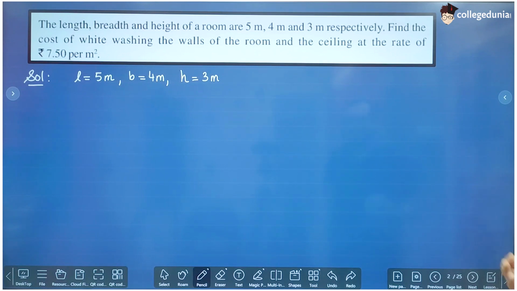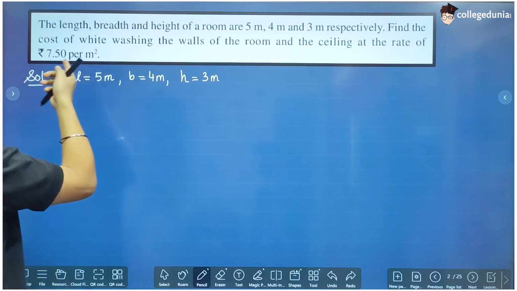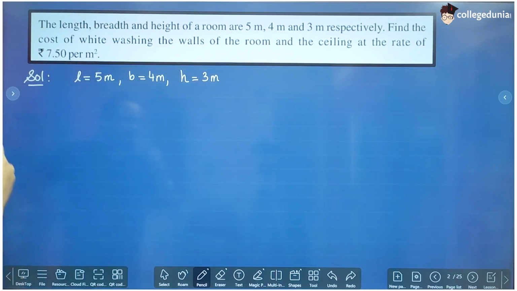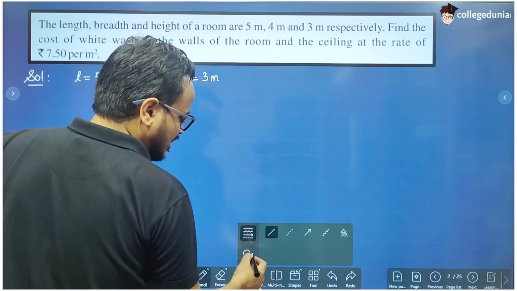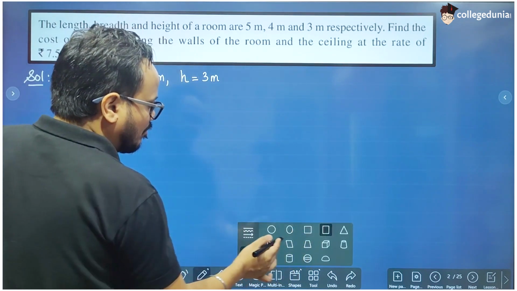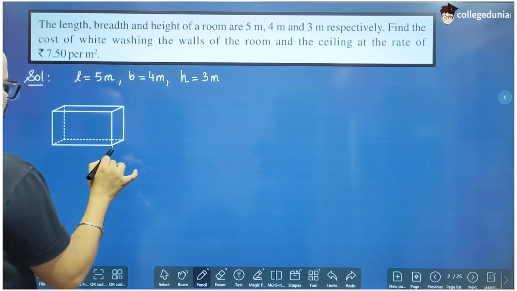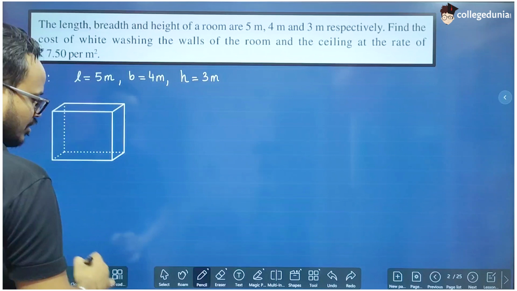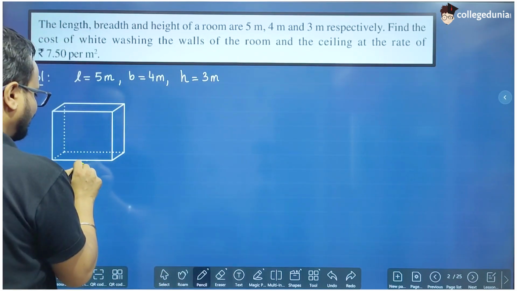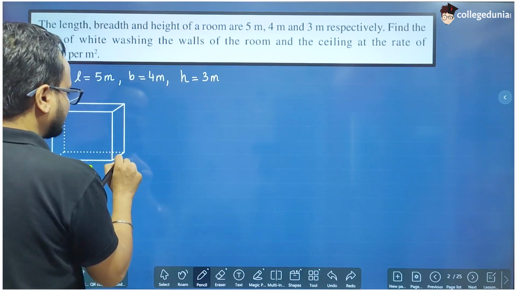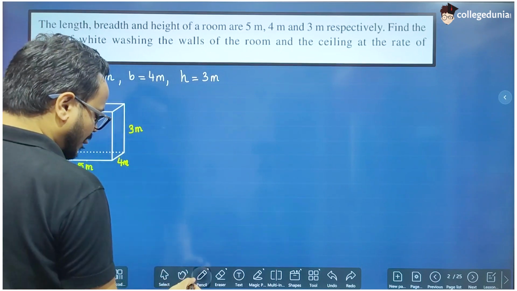So what is the cost? The cost of whitewashing 1 meter square area is rupees 7.50. Now let's find the total surface area of the room minus the surface area of the floor. This is the length 5 meter, this is the breadth 4 meter, and the height of the room is 3 meter.